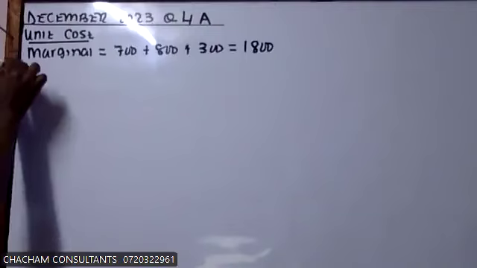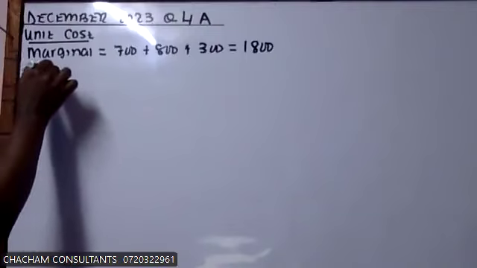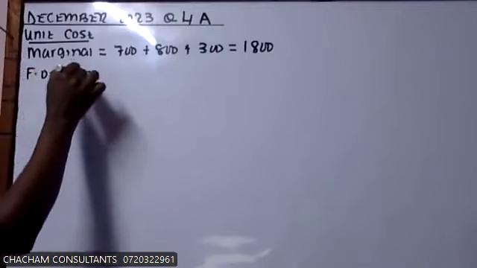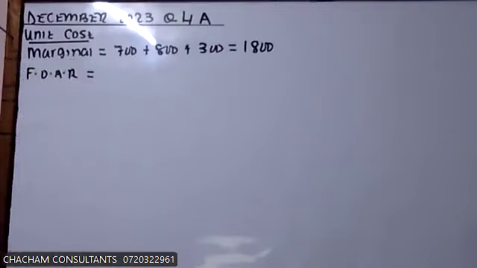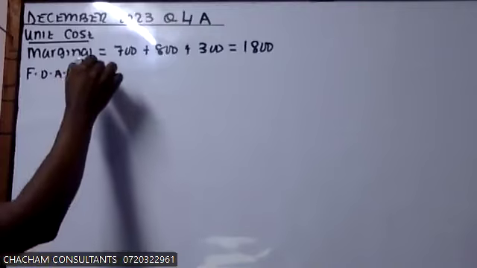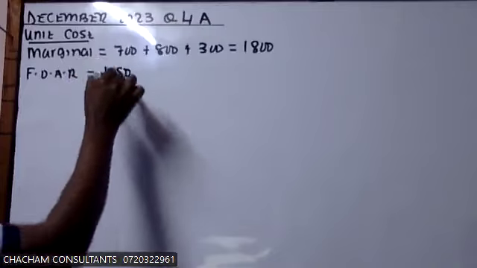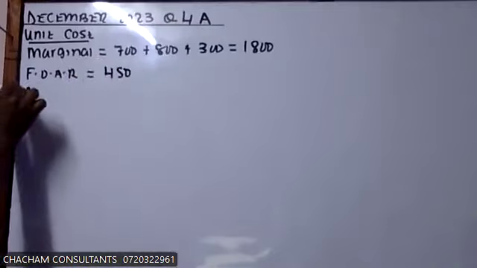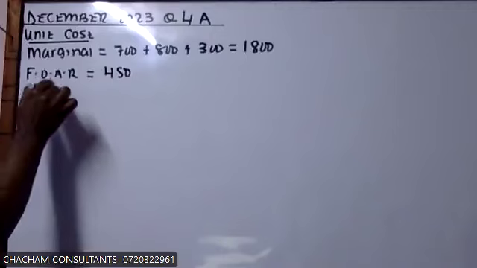Then fixed overhead absorption rate. This is the fixed overhead cost per unit. In this question, we are given it is 450. And then we have the absorption.